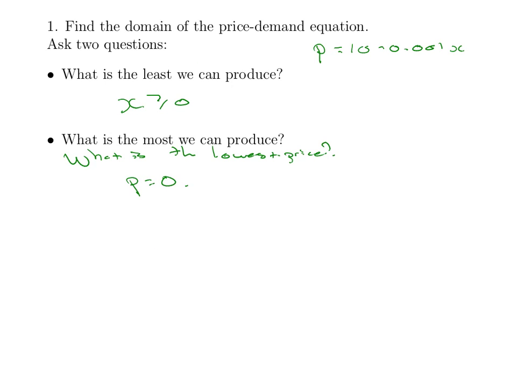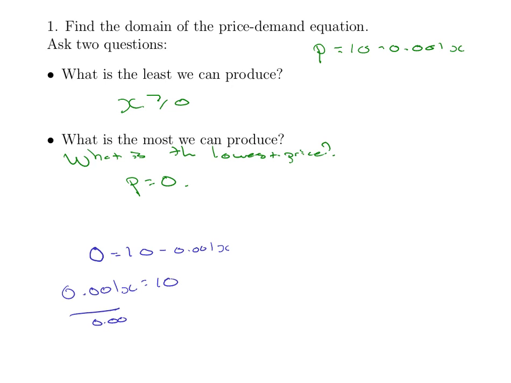So if we want to figure out what the most production that we can do is, we're essentially going to say, what happens if we put 0 in for price? How many things can we just give away for free? And let's solve this equation. Super easy equation to solve. Add this 0.001x to both sides.